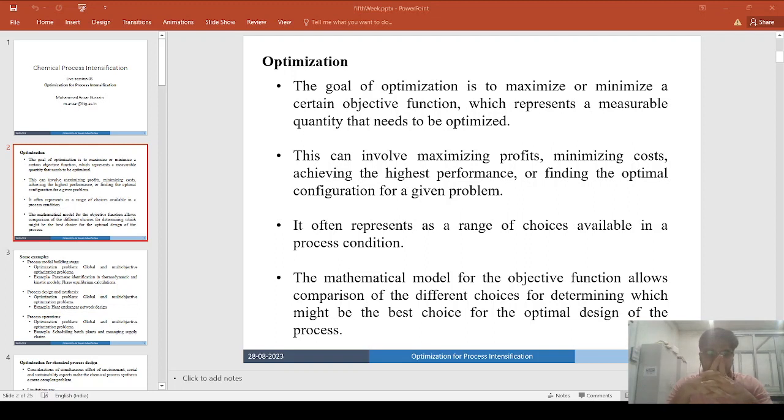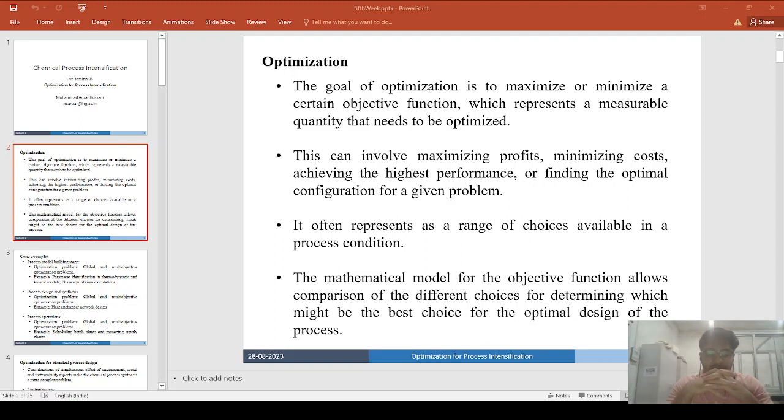Performing an optimization calculation means you input certain data or a heuristic model, and you input your expectation, your objective function, what you want to do, and based upon that you get mathematically defined choices, a certain range of choices that you might choose for optimally running your process.